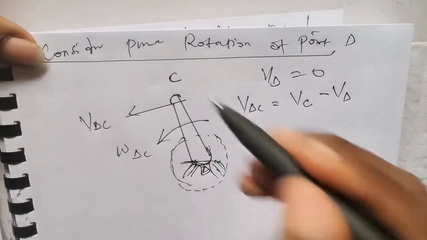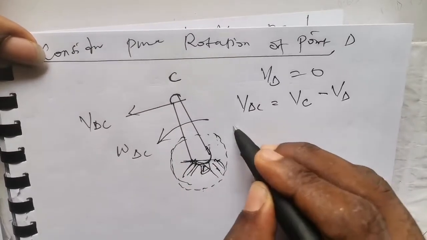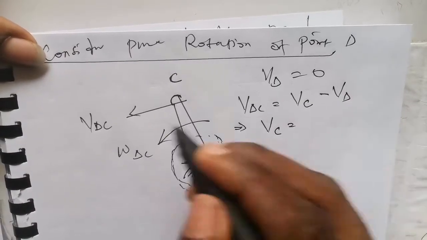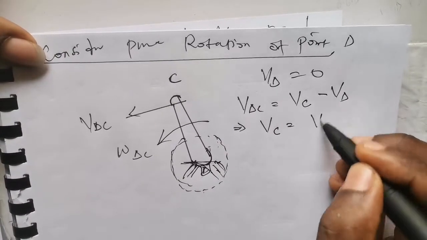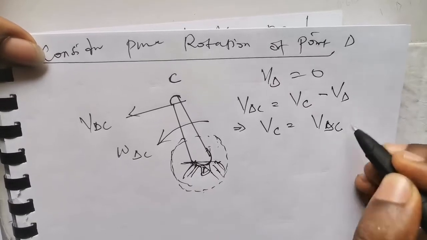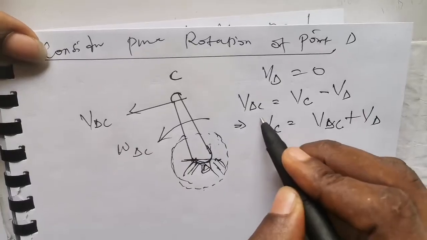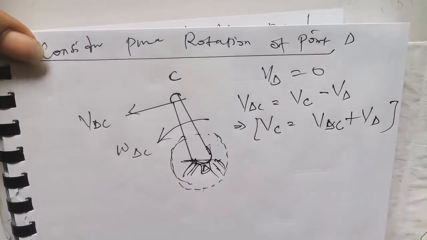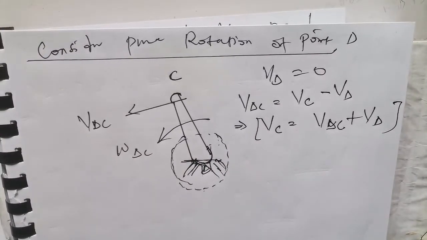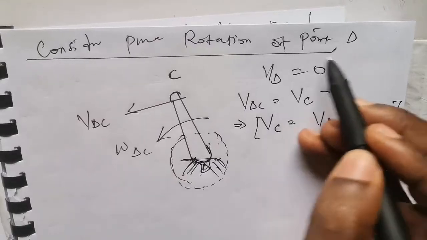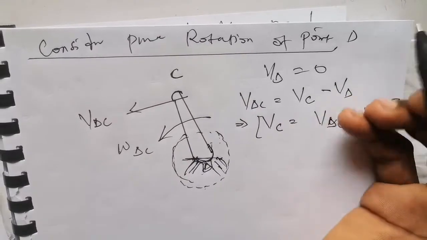So we simply make VC the subject of the formula. This simply implies that the velocity at point C becomes, sending VD over here, VDC plus VD. All right, so we have this to be the equation of velocity at point C. But not forgetting that point D is fixed, so it doesn't have any velocity, therefore Vd is 0.